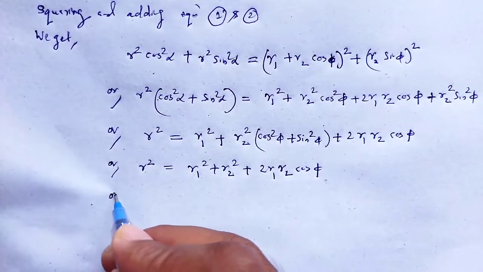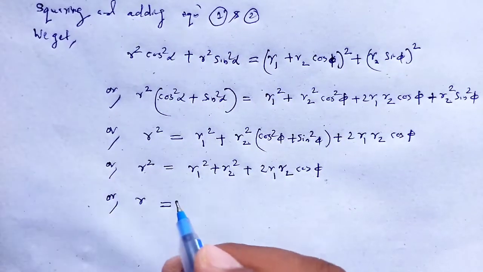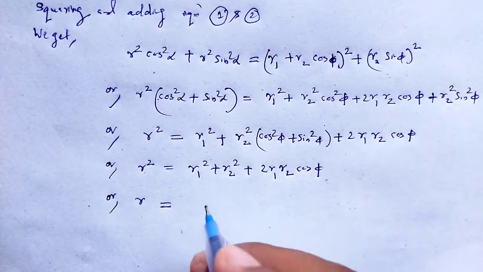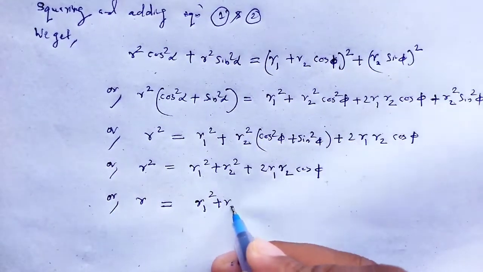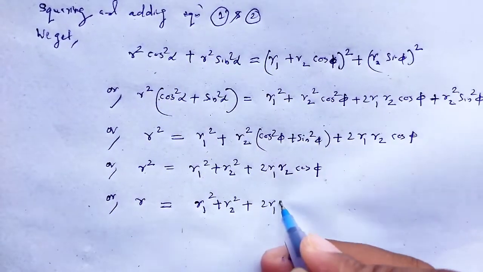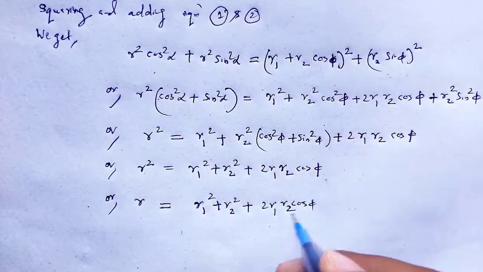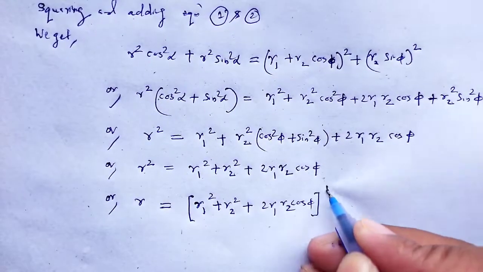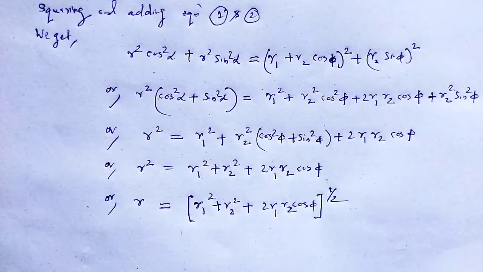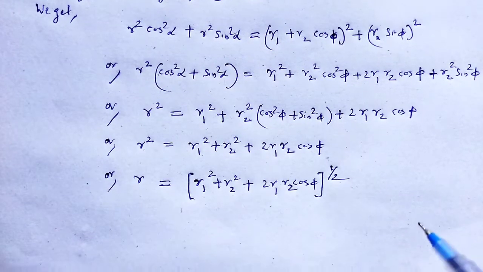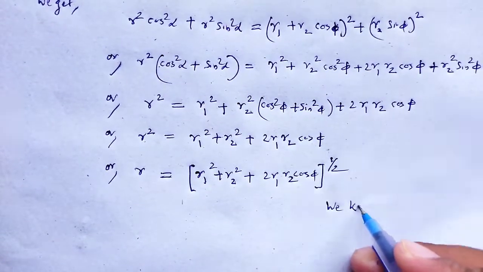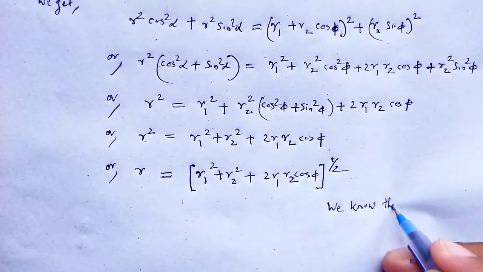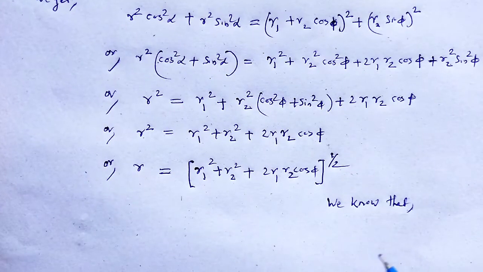So the resultant amplitude r is equal to the square root of r1 square plus r2 square plus 2 r1 r2 cos phi. Here we know a relation: the square of amplitude is the intensity of the light wave.